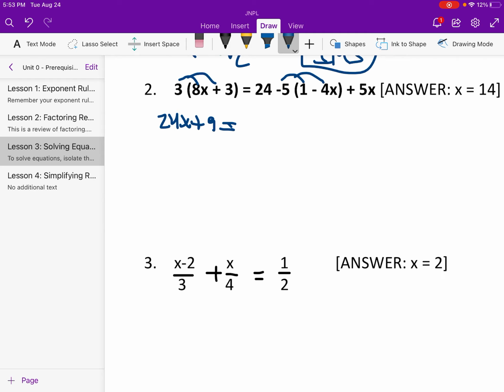Hang on. I think there's a problem with this. Okay. There's something wrong with this problem. That's for sure. I don't think that 24 is supposed to be there. I think I know what happened.